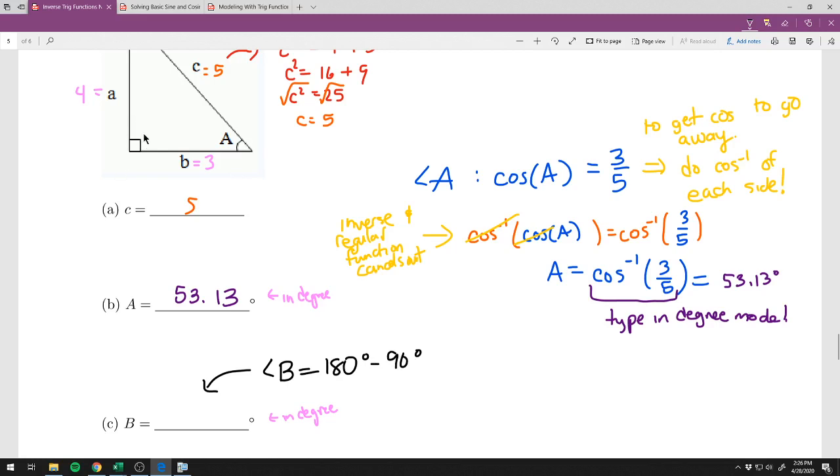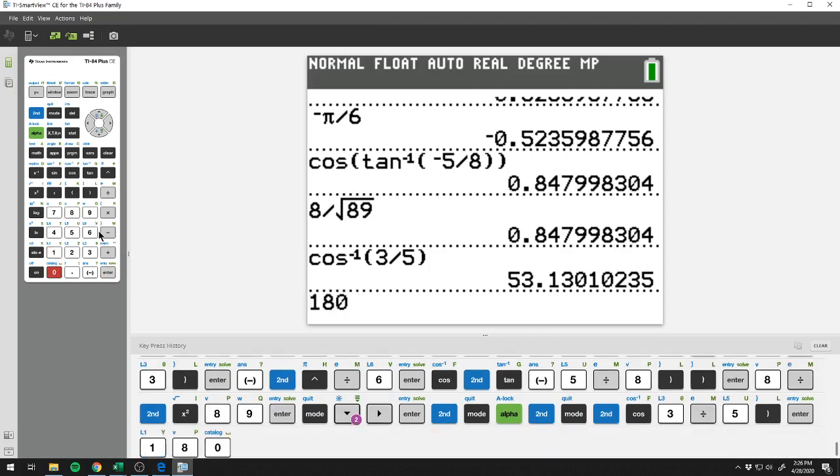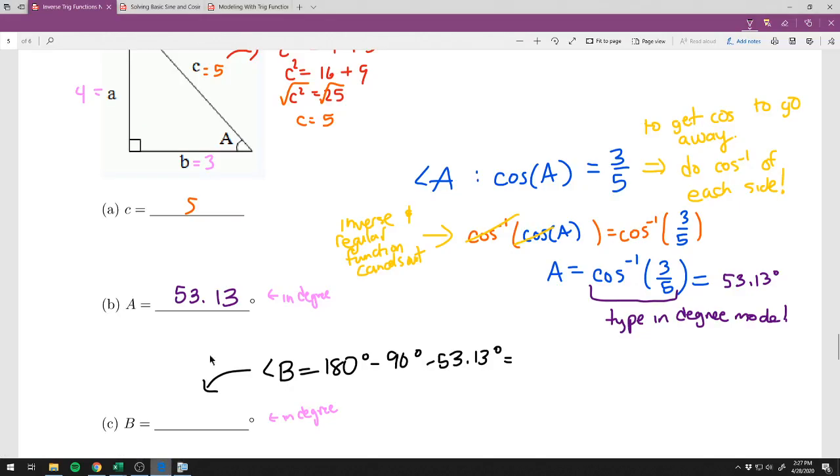We got 90 degrees from our right angle and minus 53.13 degrees from the angle we just found. It's going to be the quickest way. So we get 180 minus 90 minus 53.13. I get 36.87 degrees.